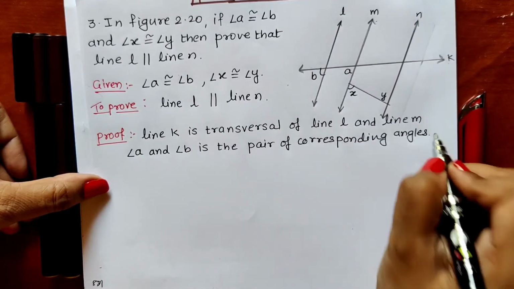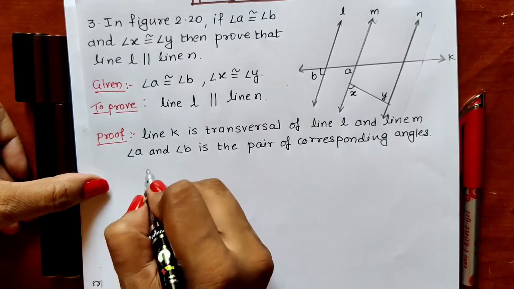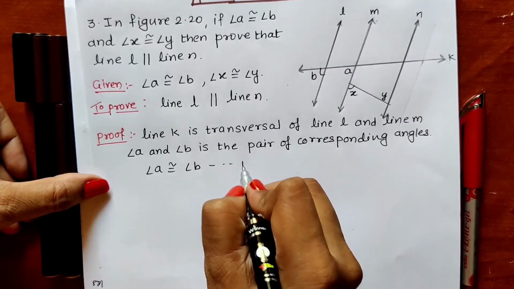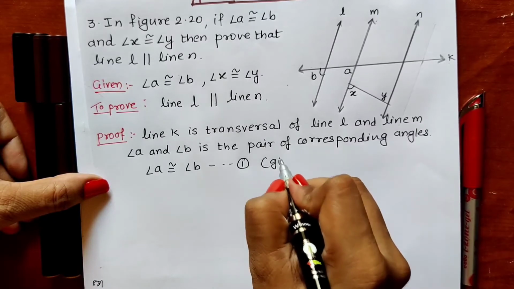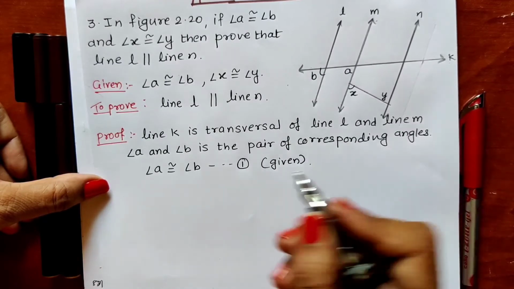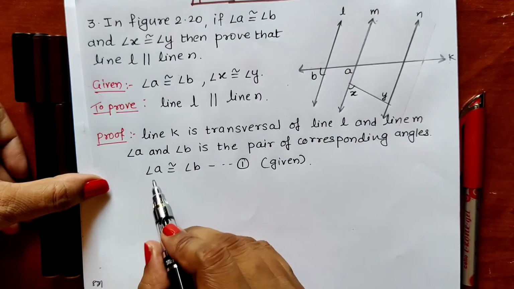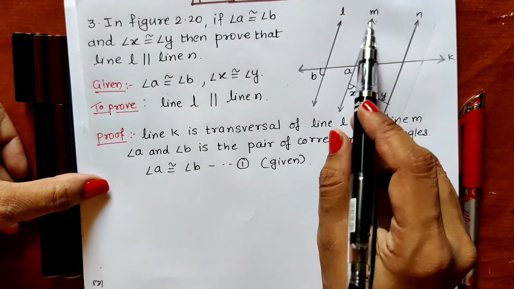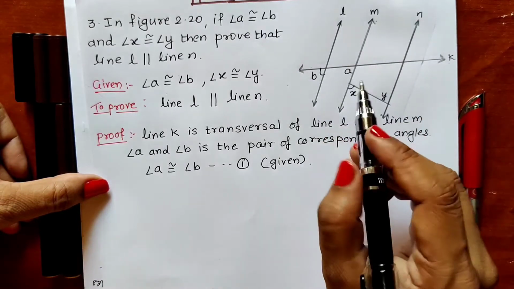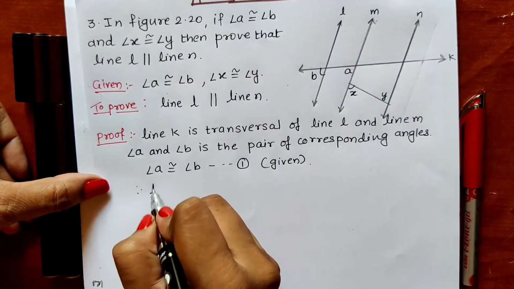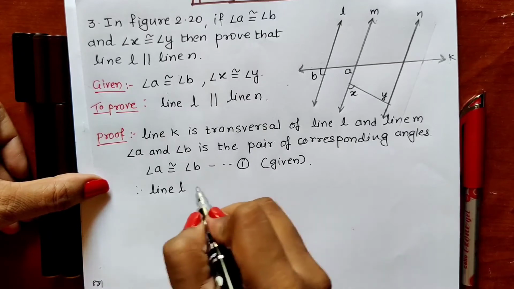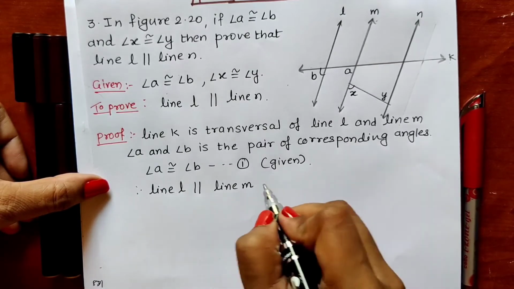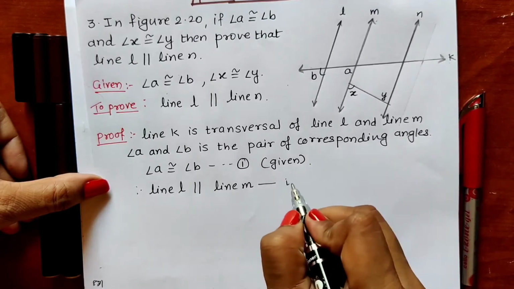And what is given to us? Angle A is congruent with angle B. This is number 1 and this is given to us. That means when the pair of corresponding angles are congruent, these two lines will become parallel to each other, and therefore line L is parallel to line M. This I label small a.